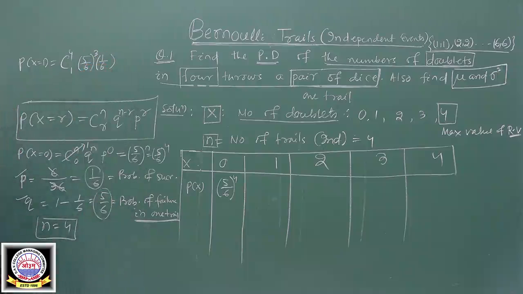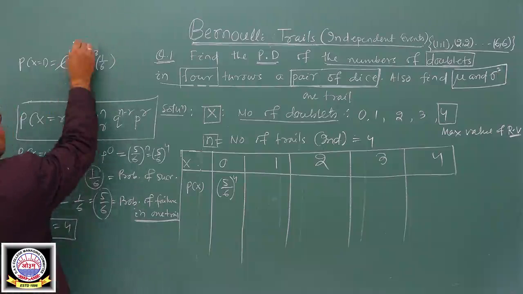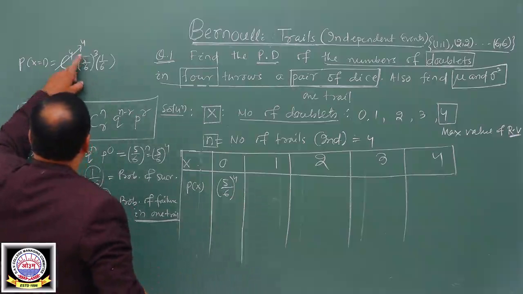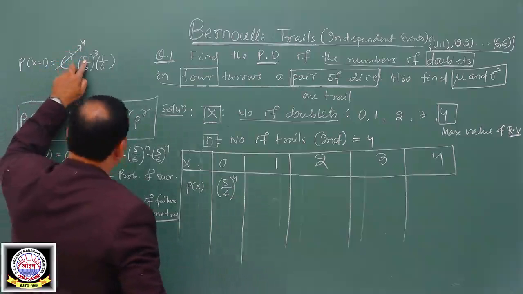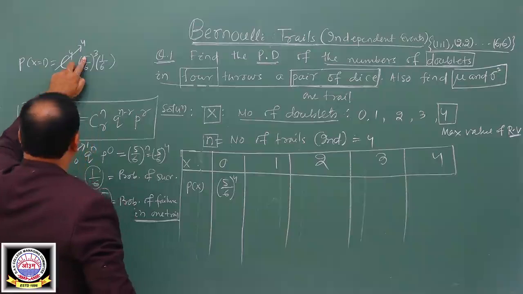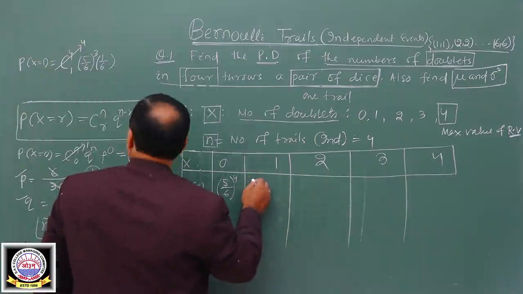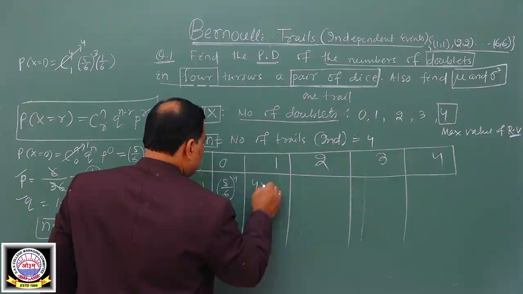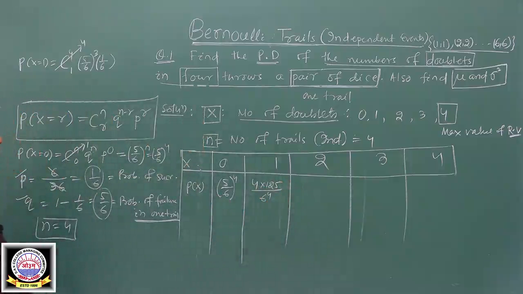So 4C1 is equal to 4, and 4 into 5 cubed is 4 into 125. So it is 4 into 125 by 6 to the power 4.